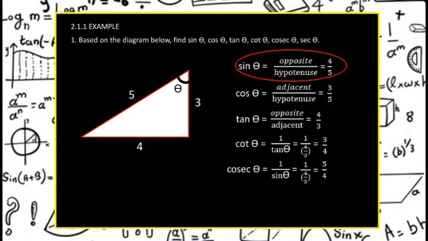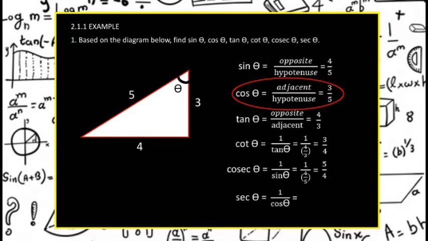And last, secant theta equals 1 over cosine theta. We already know cosine theta equals 3 over 5, so 1 over 3 over 5 equals 5 over 3.